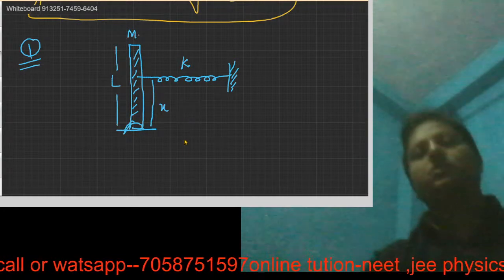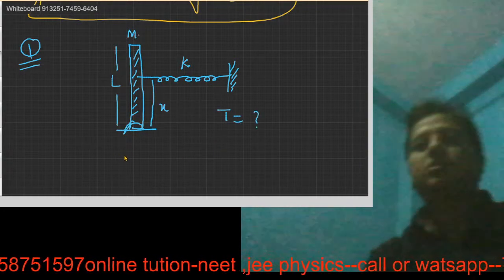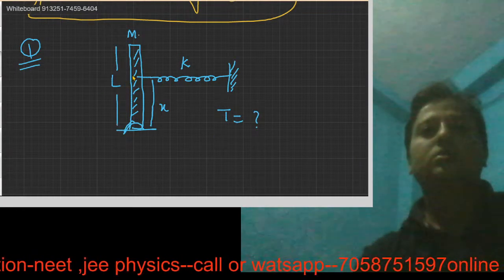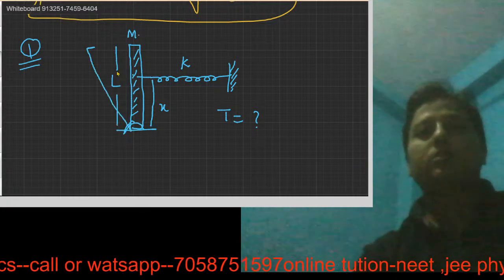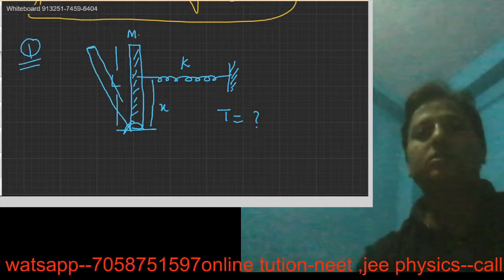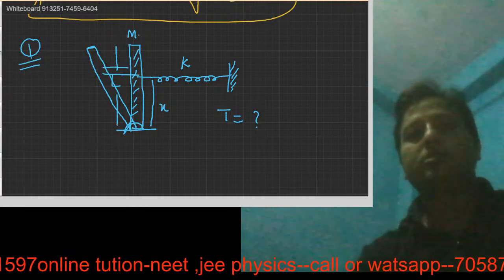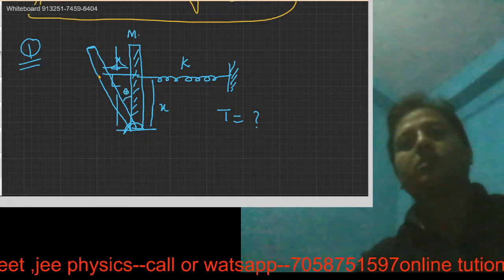So what will be the time period in this case? The same process is used here. We rotate the rod in this way so that the spring is extended by a distance of x. And this angle is theta.